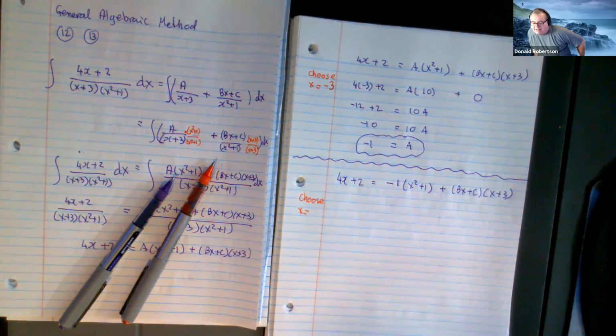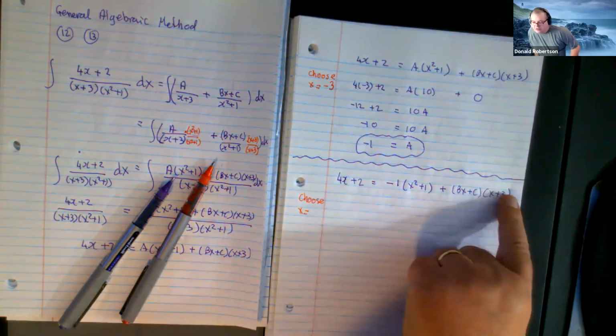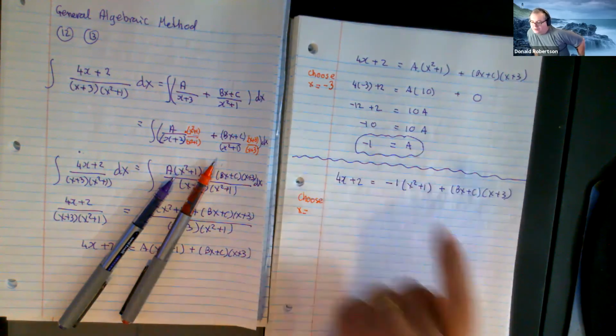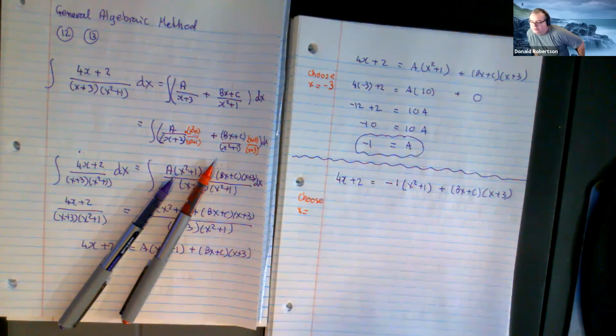Okay, give me a good choice of x to now replace in this expression so that one of the letters disappears on us and I'm only left with one. Give me a value for x that kills off one of those two letters, the b or the c.